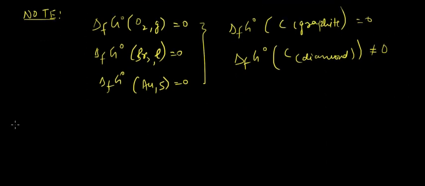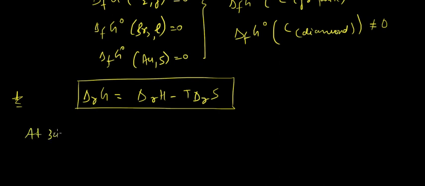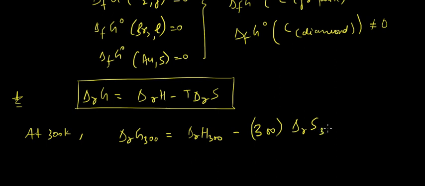Okay, we also know that delta R G is equal to delta R H minus T delta R S. Okay, so at 300 Kelvin we can write that delta R G300 is equal to delta R H300 minus temperature, 300 Kelvin, times delta R S300.